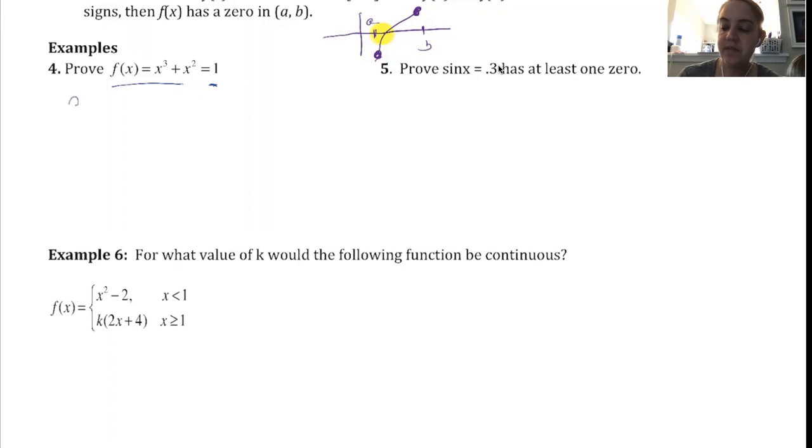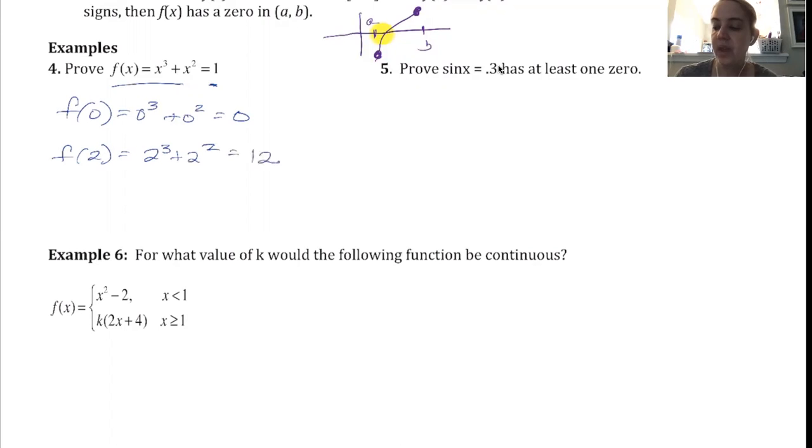We are going to make up some values. I'm going to say that f of 0 is equal to 0 cubed plus 0 squared, which is equal to 0. And then I'm going to say that f of 2 is equal to 2 cubed plus 2 squared. So this is 8 plus 4, so this is 12. So I know that x cubed plus x squared is a continuous function. It's not divided by 0 anywhere.